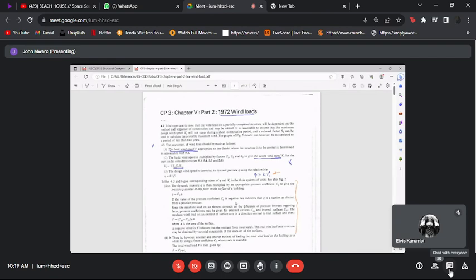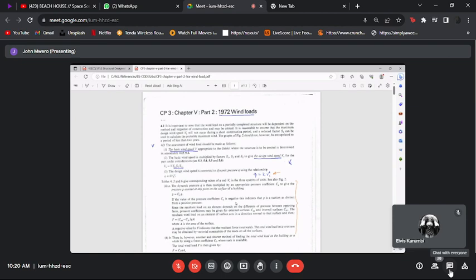So for example, in Nairobi, the wind speed that we have used has been 28 meters per second. That applies for the whole large area where Nairobi sits. So what if the sites have different conditions in terms of how exposed they are?